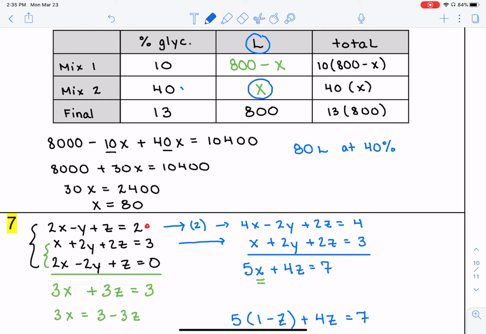And that's brought over here. And then how do I find the other liter? Well, I would need to think about subtracting 80 from 800. So the other one is going to be 720 liters, and that's at the 10% solution.